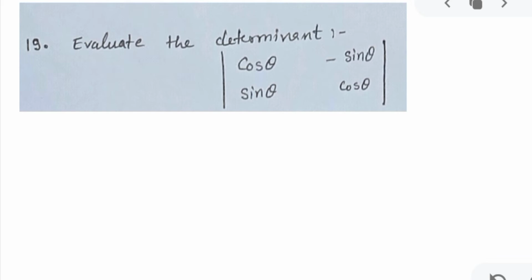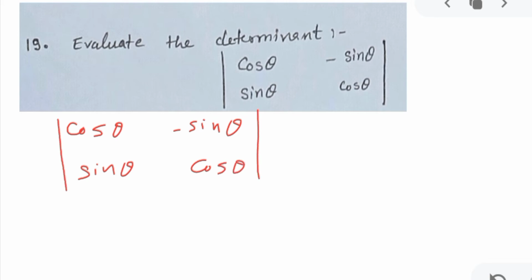The question is, evaluate the determinant. We have to find this determinant value. The determinant is given as cos theta, minus sin theta, and cos theta, like we discussed in the previous video also. How do we find the determinant value?